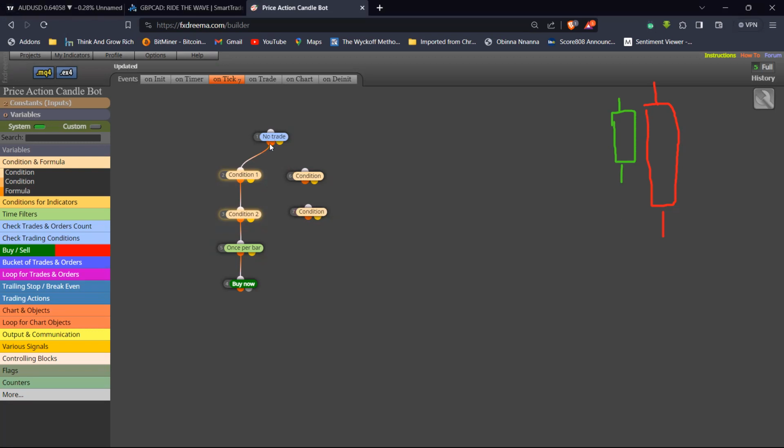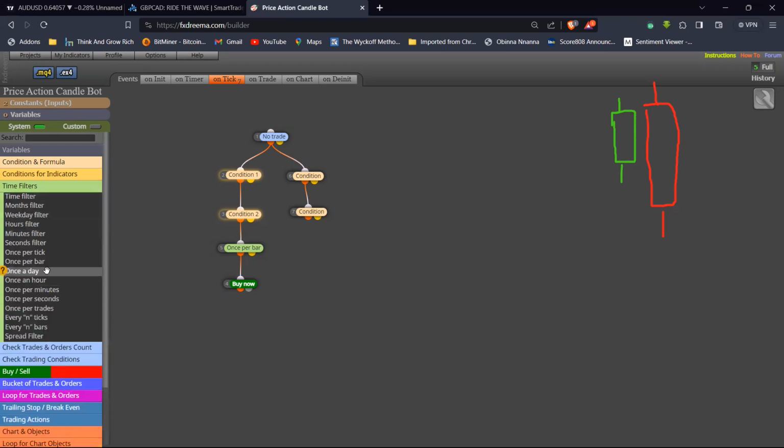So first of all, if candle ID1's close is lower than candle ID2's low, and if candle ID2's close is higher than its open, that is making candle ID2 a bullish candle.